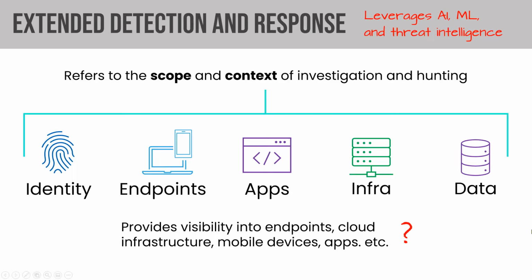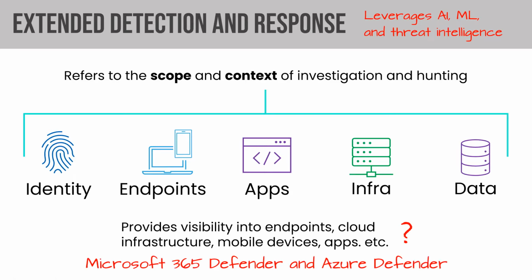But when you see talk of XDR, you're going to see two solutions: Microsoft 365 Defender and Azure Defender. So Microsoft 365 Defender is really looking at endpoint data, app, email, cloud apps, where Azure Defender is focused more on hybrid cloud workloads and infrastructure, IoT devices, etc. But XDR is a capability of both Microsoft 365 Defender and Azure Defender.